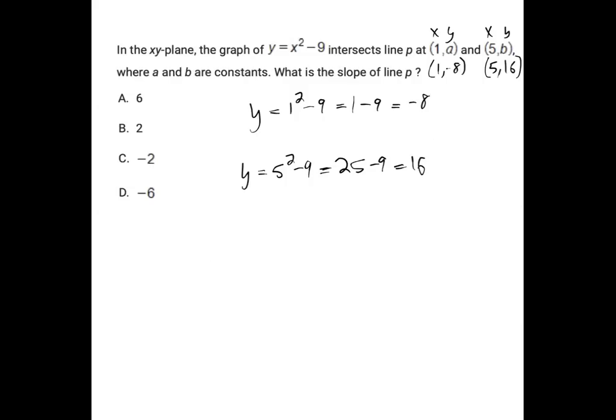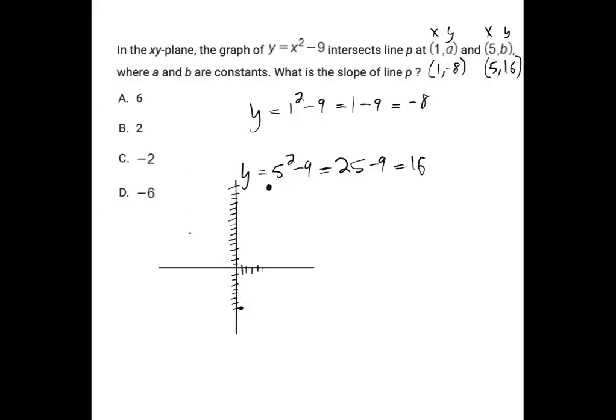So we have a parabola that is hitting a line at 1, -8, and at 5, 16. So it's hitting it there and there.